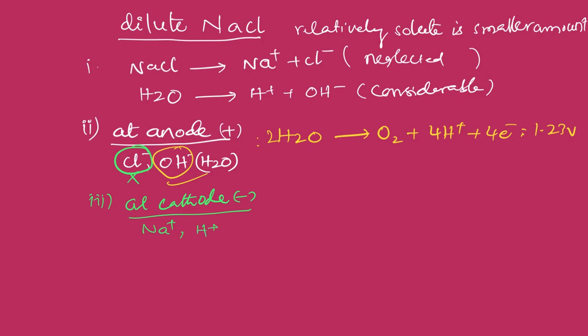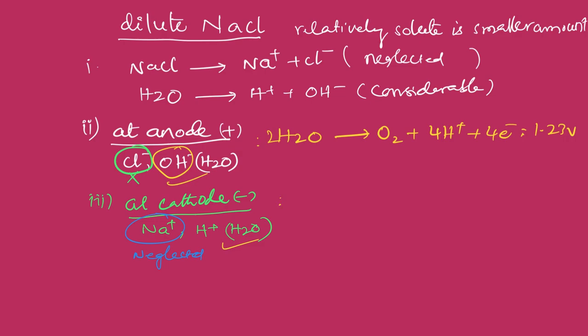H plus actually comes from water. Therefore, this Na plus is a negligible amount, this is neglected. Which is considerable now? Only the H plus from the water molecule is considerable.